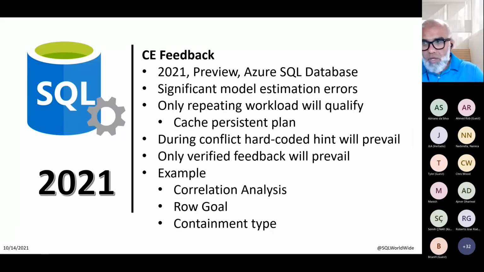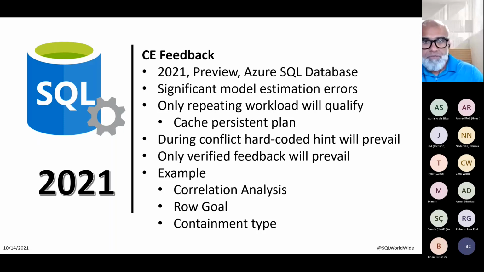So let's move on. This one, the CE feedback, I only have a slide. I'm not going to do a demo because this is still not in preview. This was talked about during the last PASS Summit. I mean, the PASS Summit under SQL PASS. We are having the summit this year under Redgate. In 2020, Pedro Lopez and Joe Sack gave a talk named Azure SQL Path to an Intelligent Database.